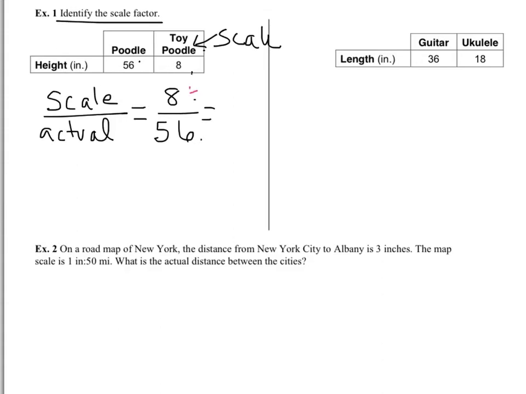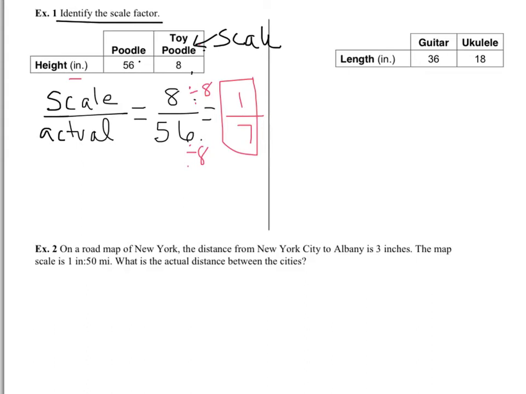So if I take 8 of the toy poodle, the actual poodle is 7 inches. Notice I didn't write any units in my answer because they're both inches, so it's not necessary. So 1/7 is your scale factor.